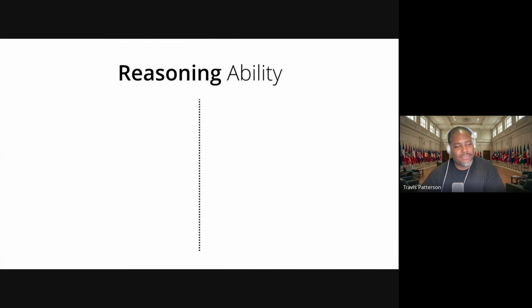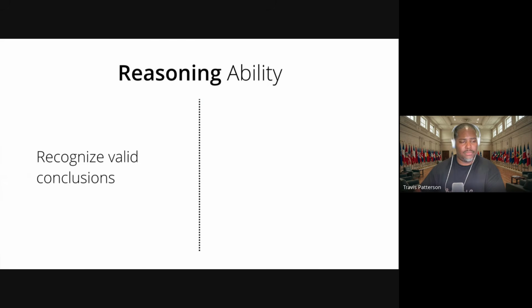One, these questions are designed to gauge your ability to recognize valid conclusions, right? So when, say, adding A plus B does indeed guarantee a certain result, C. But more importantly, far more of these questions are designed to gauge your ability to see when reasoning doesn't guarantee a point made. Why not?